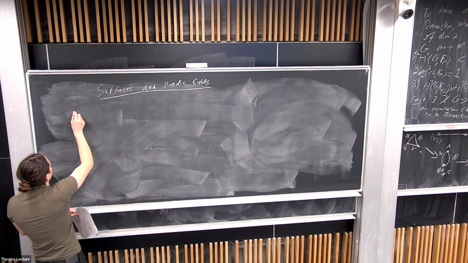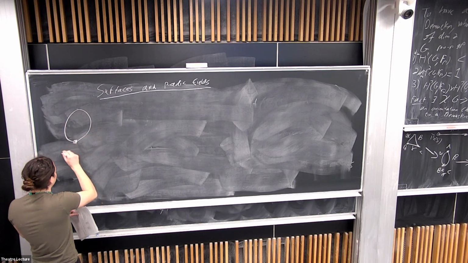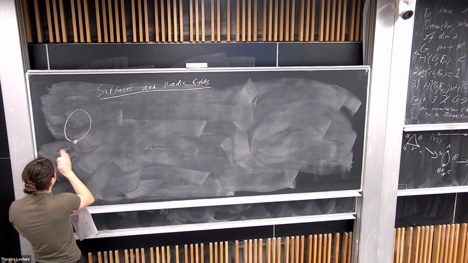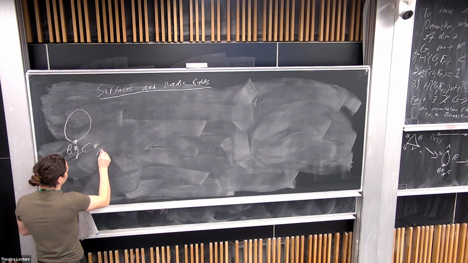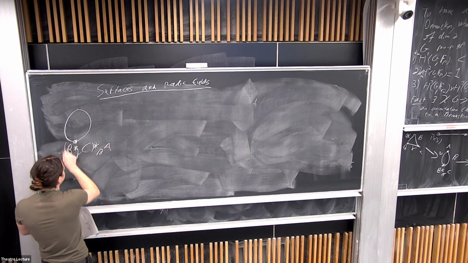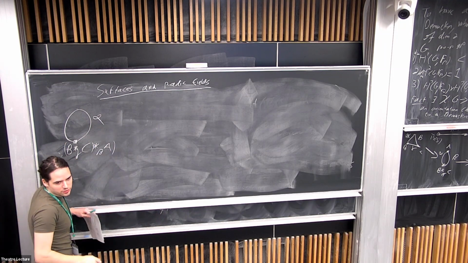So eventually, after you collapse these edges, you get this: B amalgamated over gamma, C amalgamated over beta, A. And here you still have alpha, so I want to now collapse it.